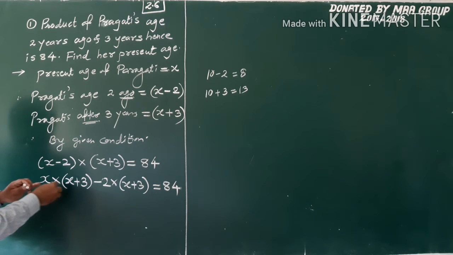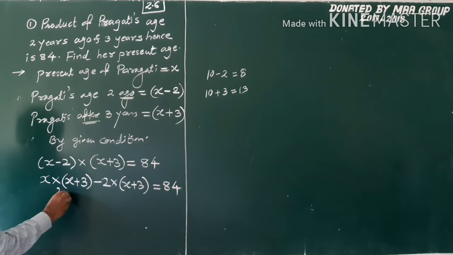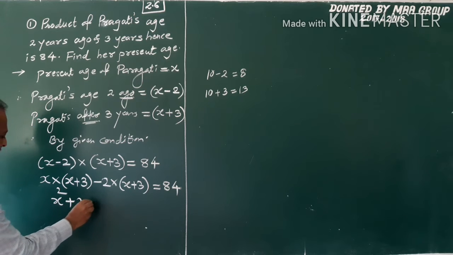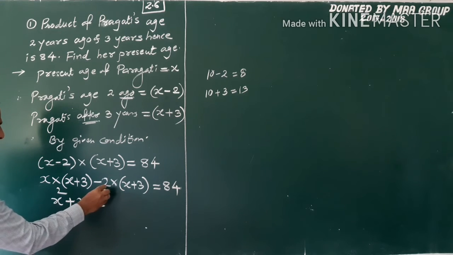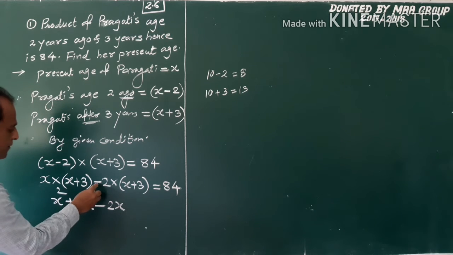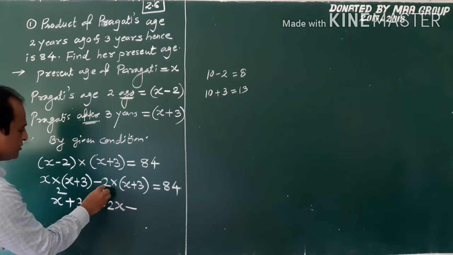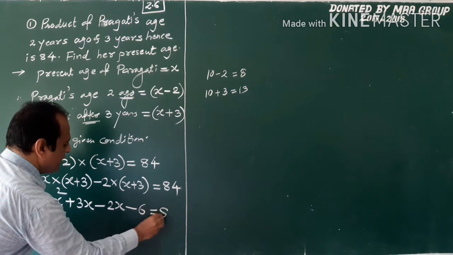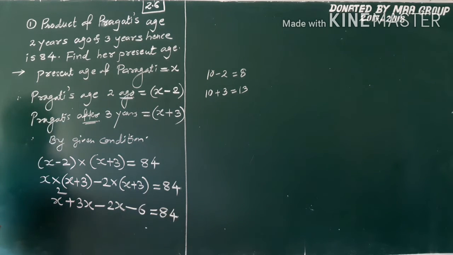Now multiply x by both the terms. x into x is x square, plus 3 into x is 3x, minus 2 into x is 2x, plus minus minus 2 threes are 6, is equal to 84 as it is.